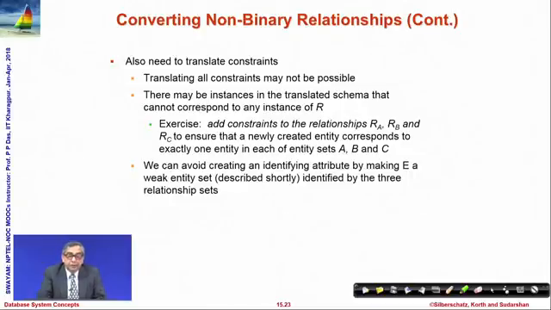So, we will have to take care of this situation by identifying attributes and making use of the weak entity sets, which we have already seen in our earlier discussions.